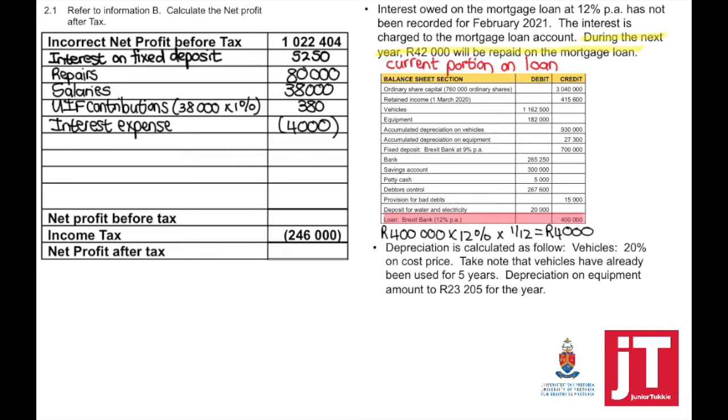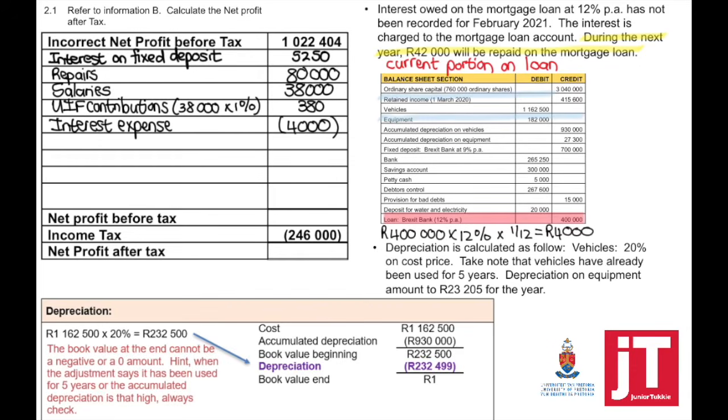Depreciation is calculated as follows. Vehicles, 20% on cost. Take note that vehicles have already been used for 5 years. Depreciation on equipment amounted to 23,205 for the year. Take note, it's been used for 5 years.